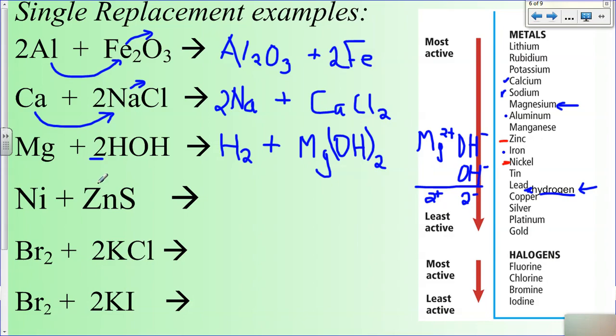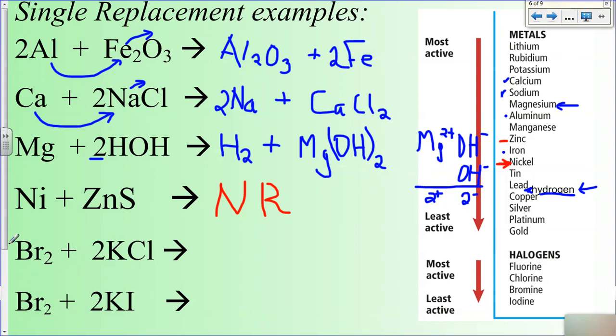Nickel, being the single displacement element, is not able to break this bond. So this reaction will not occur. So you write NR for no reaction. Nickel can replace anything beneath it, but nothing above it. So it could kick out a tin, a lead, a hydrogen, a copper, a silver, a platinum, a gold, but none of these elements above it. So this reaction doesn't occur.